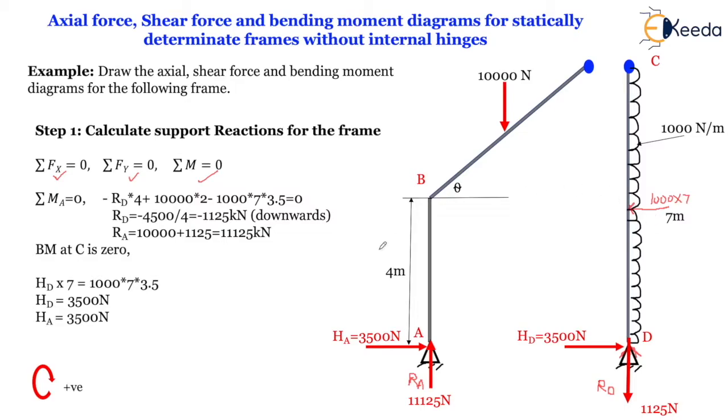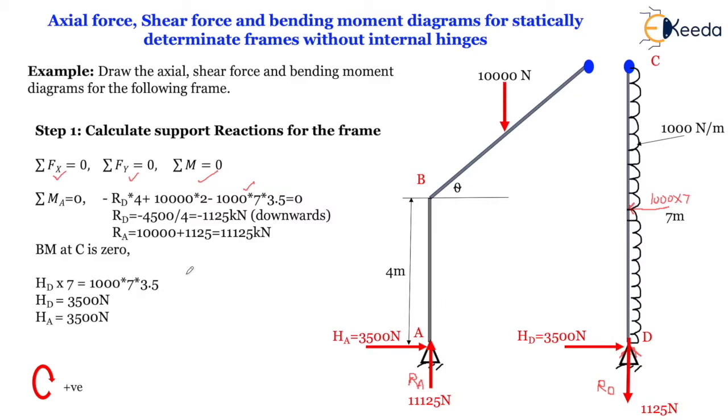This is going in anti-clockwise direction, so we have written it as negative. When we do the calculation, we get RD equals minus 1125. That means this RD is not going like this, it is downward. So I have directly shown it as 1125 Newton acting downward.